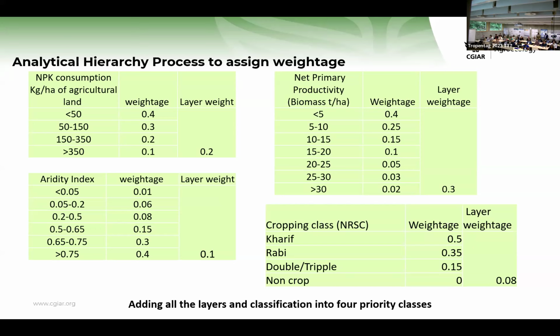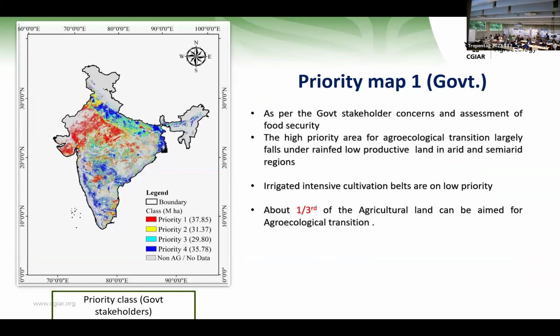But since we have taken the opinion of the government stakeholders as well, their priority is to ensure food security, right? So they are focused on supplying the fertilizer to the farmer. Similarly, primary productivity, aridity index. So we have taken the farmers' input and we have created a priority map. This is from the government stakeholders' point of view.